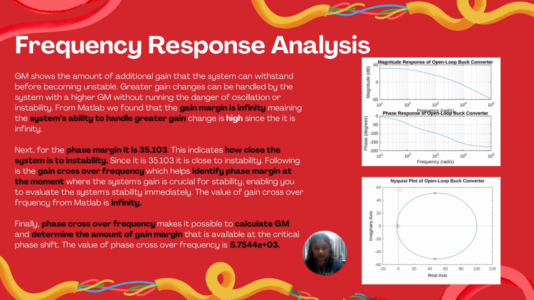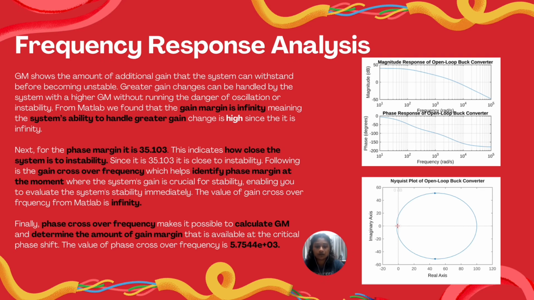Next, the phase margin is 35.103. This indicates how close the system is to instability. Since it is 35.103, it is close to instability.